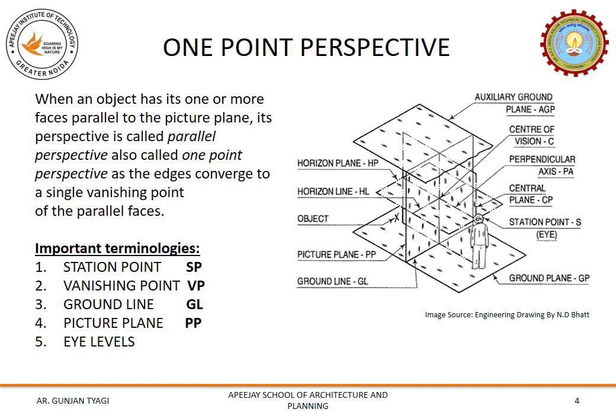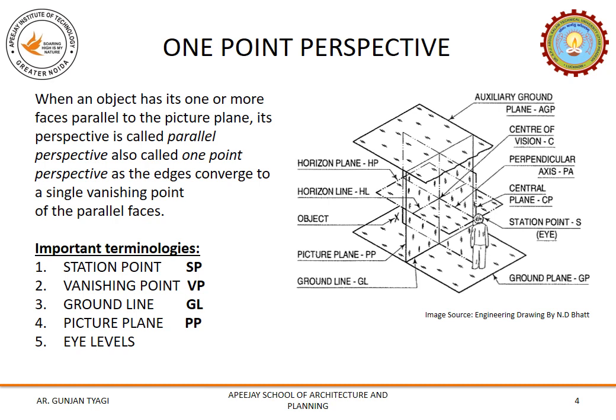So the object will be parallel to the picture plane, not necessarily on the picture plane; it can be behind or in front. Also, we see that in this case we only have a single vanishing point, while in 2-point perspective there were 2 vanishing points. So this is how it is different from 2-point perspective.